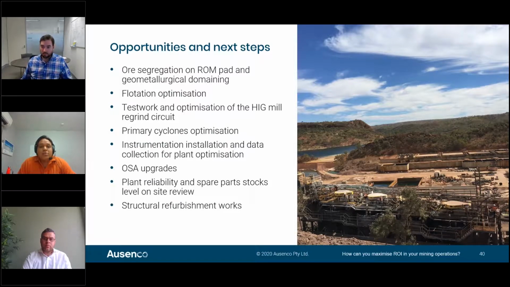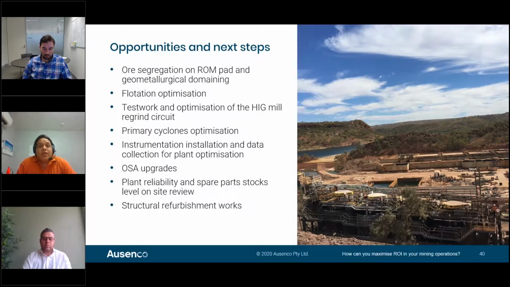Amongst a range of initiatives, I want to highlight a few of them: the ore segregation on the ROM pad and geometallurgical domaining, for which we are in the process of getting data and analyzing it to build this into the block model in conjunction with geology and mining; flotation and regrind mill optimization work; and also optimization of the grinding circuit and primary cyclones operation to improve mill stability.